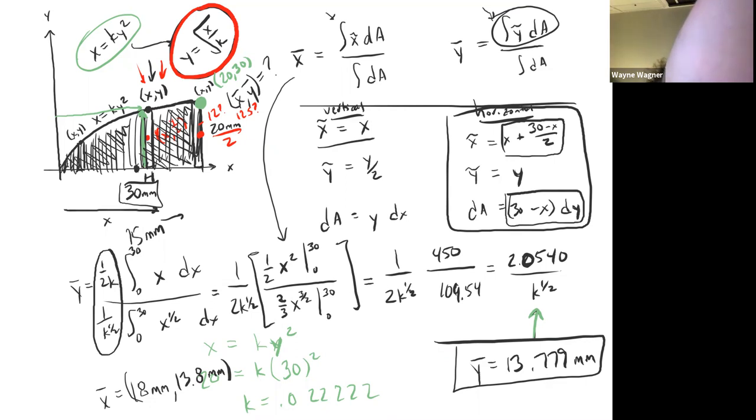Well, I won't necessarily tell you to, but if it's a bunch of squares and rectangles and triangles, then you immediately look at it and go, okay, I need to use the chart. I'm not going to integrate. Like the last two we did, you wouldn't integrate those because that would be ridiculous, it's just too hard. But if you can integrate it, I'm going to tell you to integrate it.